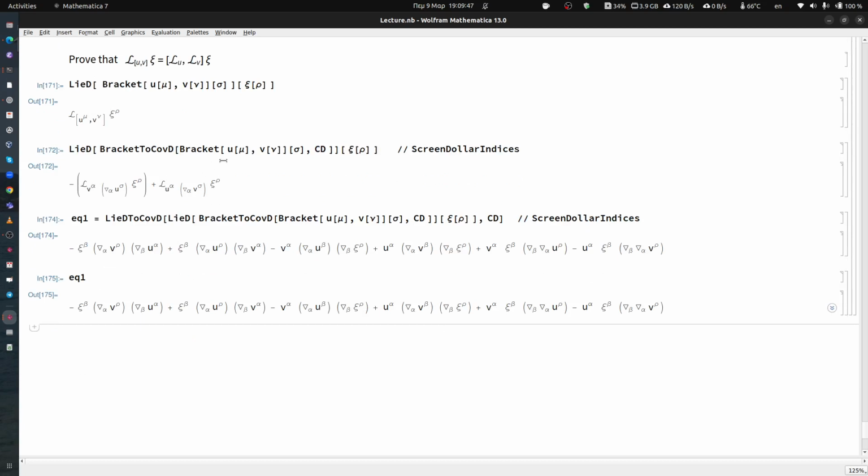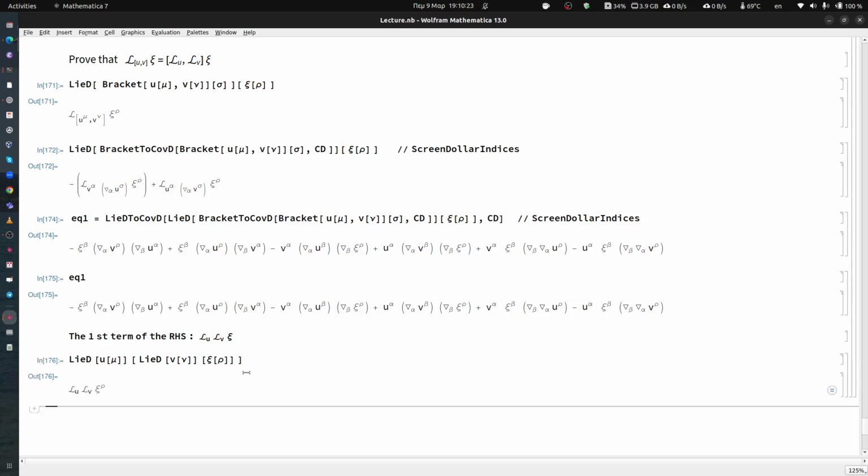Now let's go to the left hand side. So we take the first term, so that is LULVXC. So that is differentiating twice C, first by V and then by U. That is the second derivative.